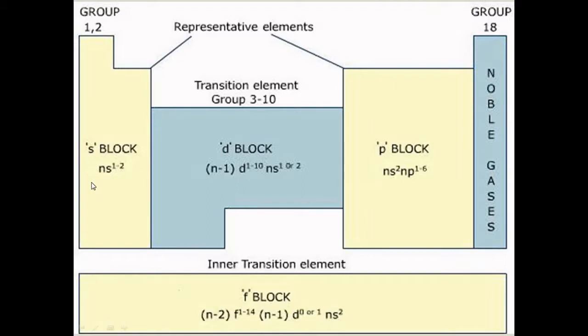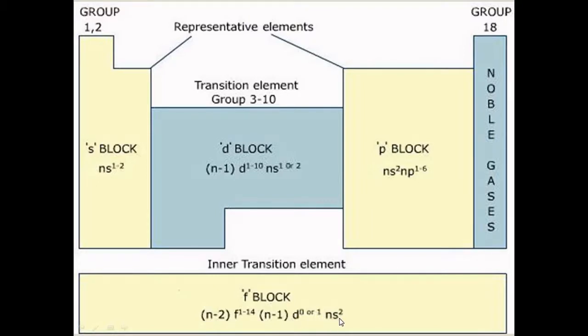As I said, S block is ns1 to 2, P block is ns2 np 1 to 6, D block, that is group number 3 to 10, has (n-1)d 1 to 10 and ns 1 to 2. Whereas inner transition elements, that is F block, have (n-2)f 1 to 14, (n-1)d 0 or 1, ns2.